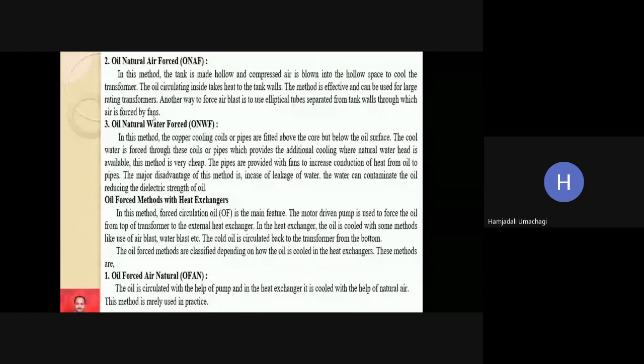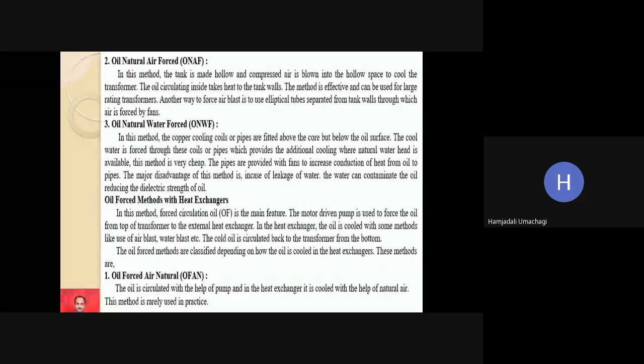Some fans are used externally to cool the elliptical tubes. Hot oil means the heat given by the windings and the core to the transformer oil, and that oil is carried by these elliptical tubes, which are separated from the tank wall. These elliptical tubes are then further cooled by fans.